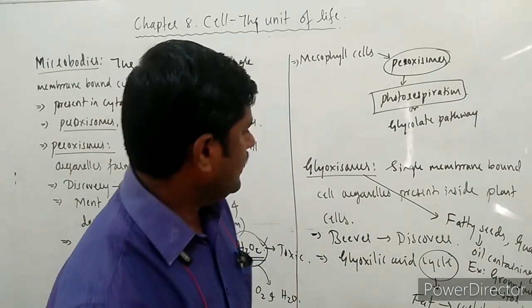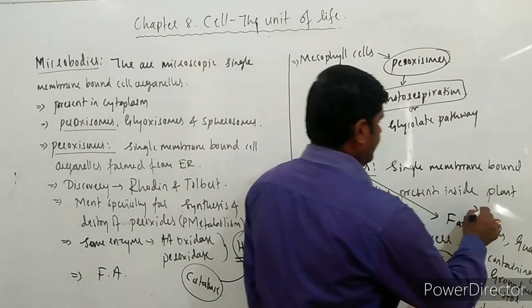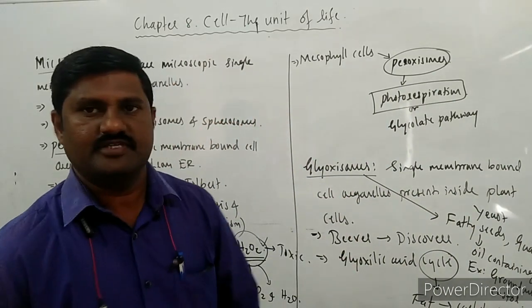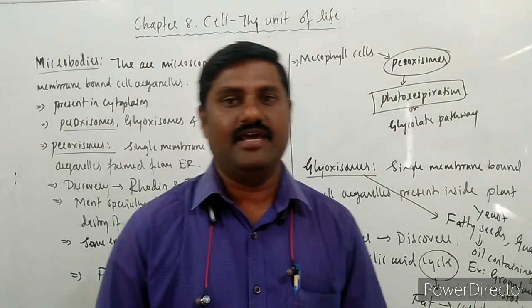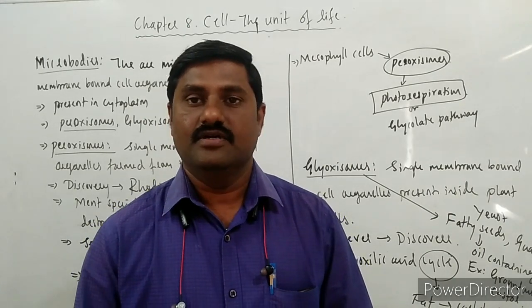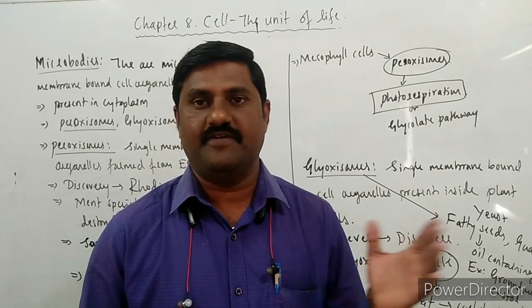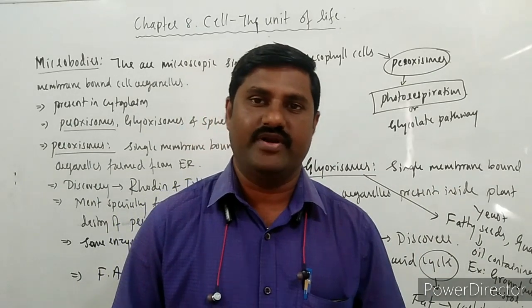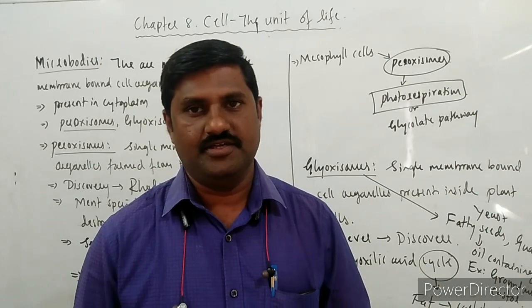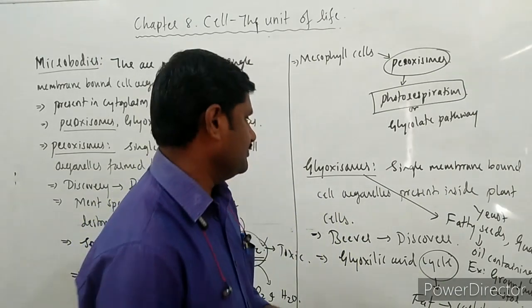And these are also found in yeast cells. So in the glyoxylic acid cycle, the fats are converted into carbohydrates. Once again, they become energy boosters in these glyoxysomes also.